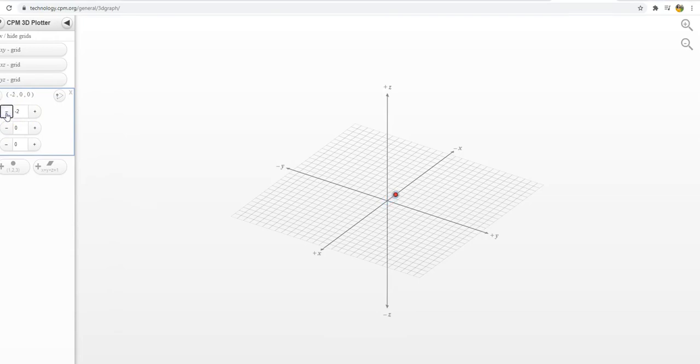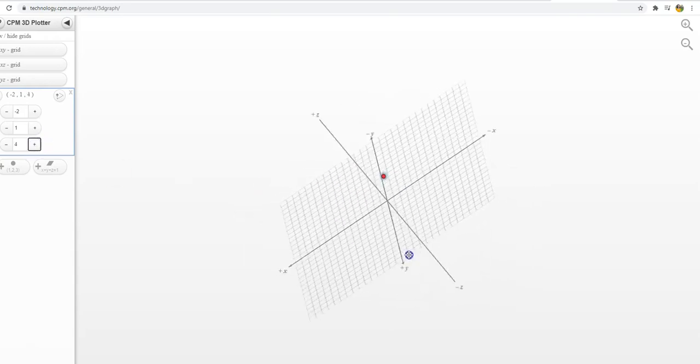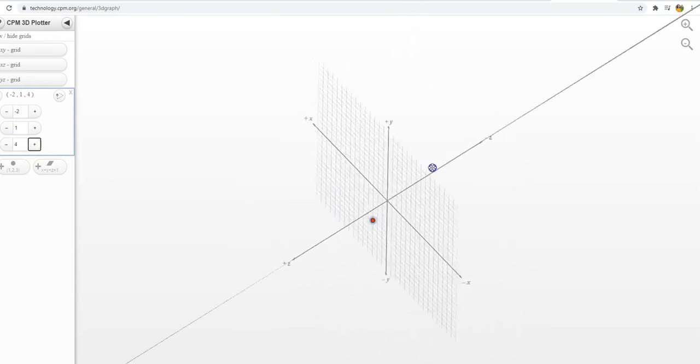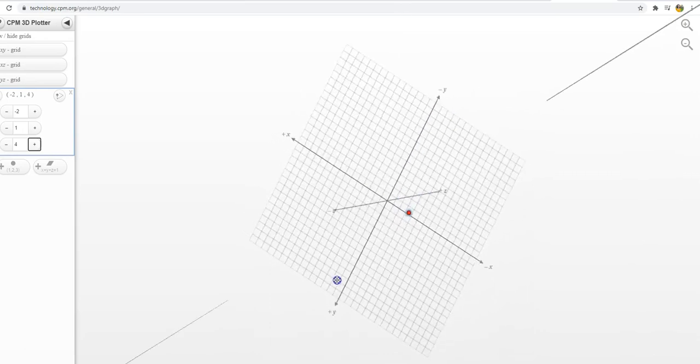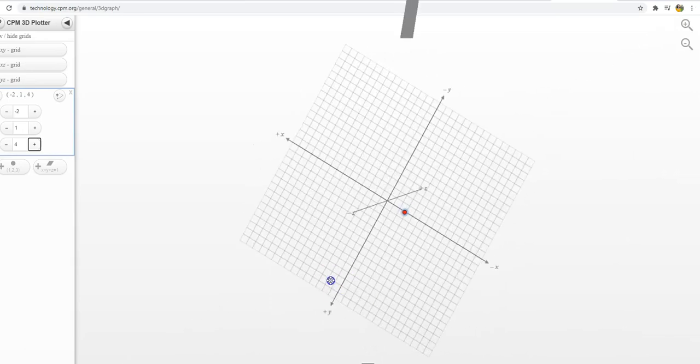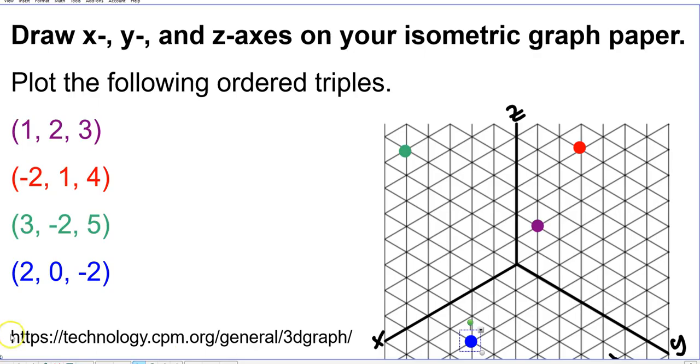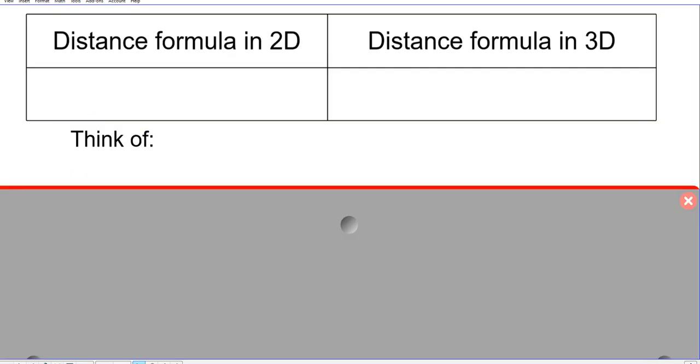So negative 2, you see how it's moving there? 1, and then 4. 1, 2, 3, 4. Okay, and I can rotate this. So there's my dot as I rotate my 3D space. All right, how do we feel about that? Okay. All right.